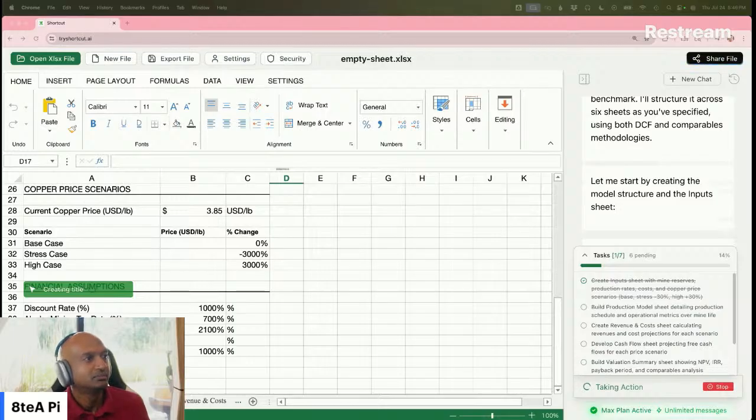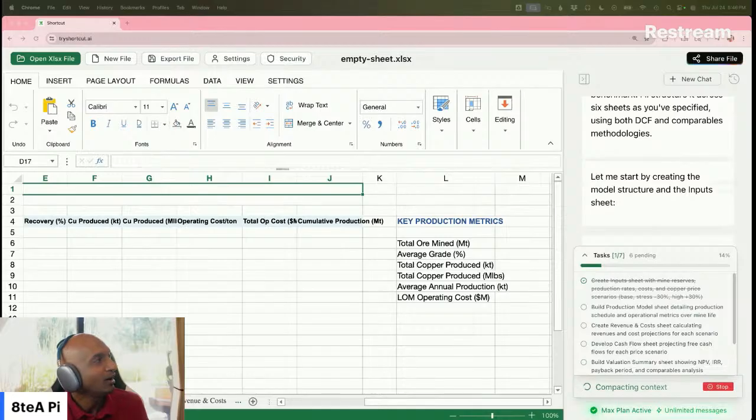Let's see. Copper price seems to be about 5.80 per pound. Why did it use 3.85? I do not know. Copper futures climbed above 5.90 per pound, reaching all-time highs as global risk appetite strengthened amid progress in U.S. trade negotiations.